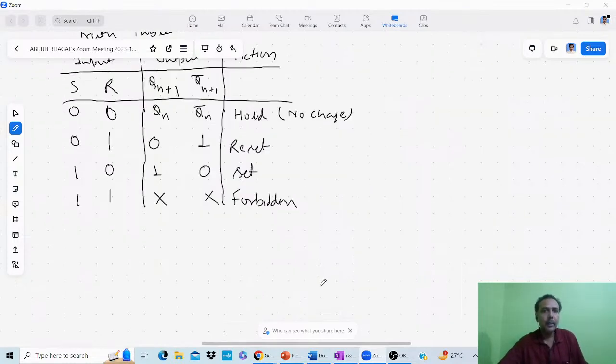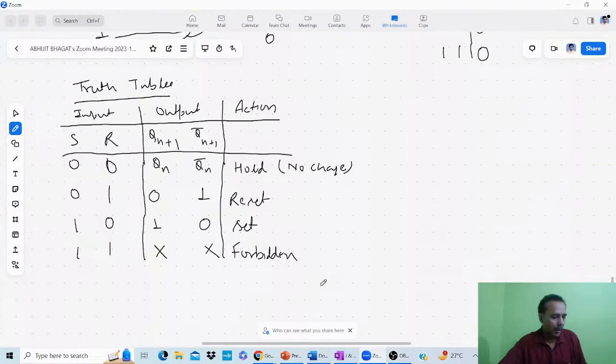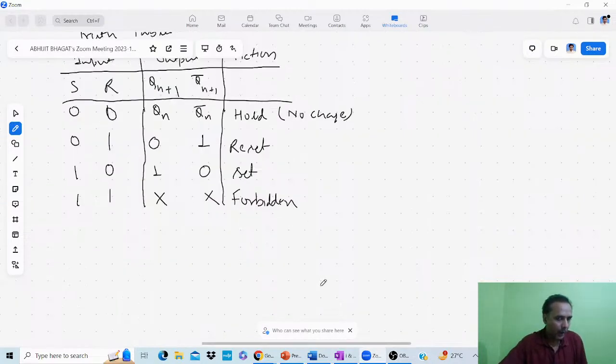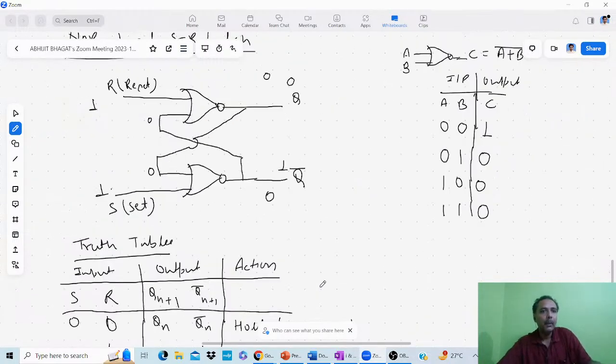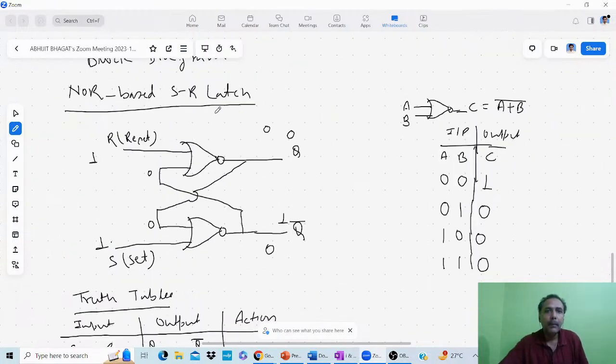Next, I will discuss the next point. This same SR latch will be designed by using the NAND gate.